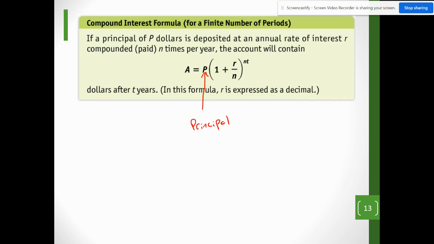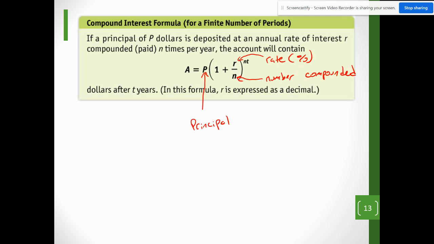Okay, so my R is going to represent rate, which we talk about as a percentage. We're going to write it usually as a decimal. Don't forget to move the decimal place 2 places to the left. Now, n is going to represent the number of times compounded.